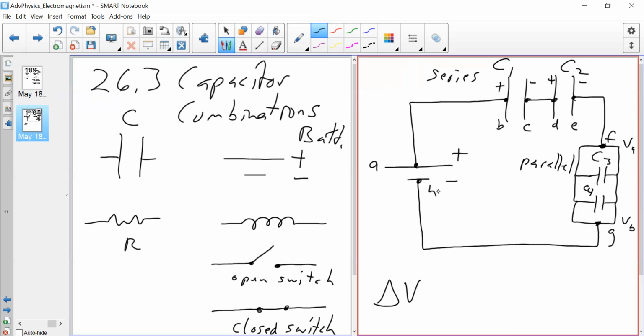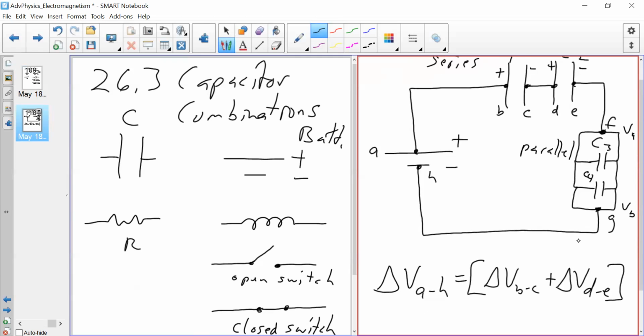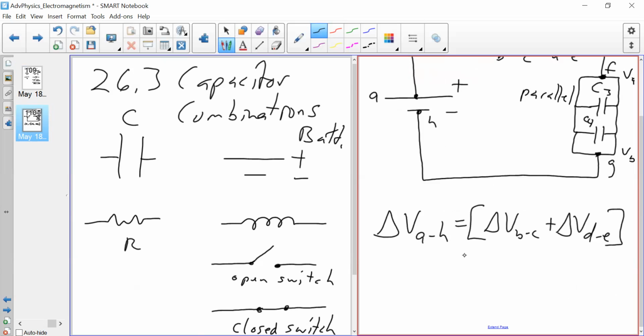And that'll be H. So the voltage from A to H is going to consist of the voltage from B to C plus the voltage from D to E. And those are your series capacitors. And then this is going to be plus the voltage from F to G.